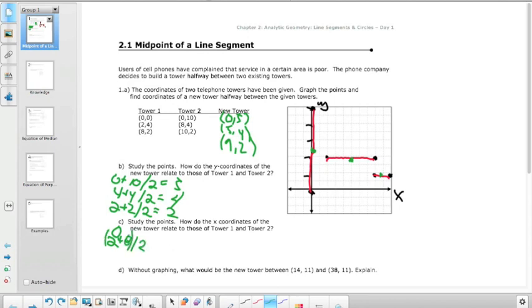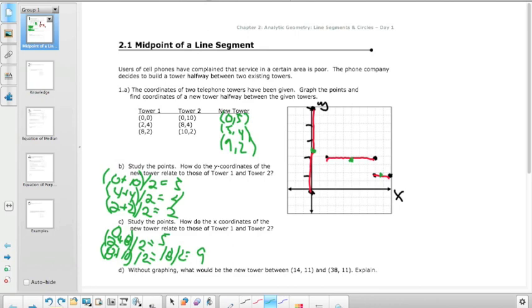I should put these in brackets really. And that gives me 5. The second one, (8 plus 10) divided by 2, gives me 18 divided by 2, which is 9. Okay? So that kind of makes sense with horizontal and vertical lines. Any questions on that? Okay.